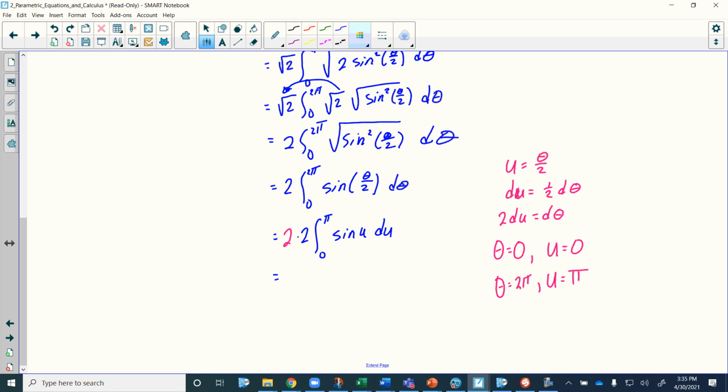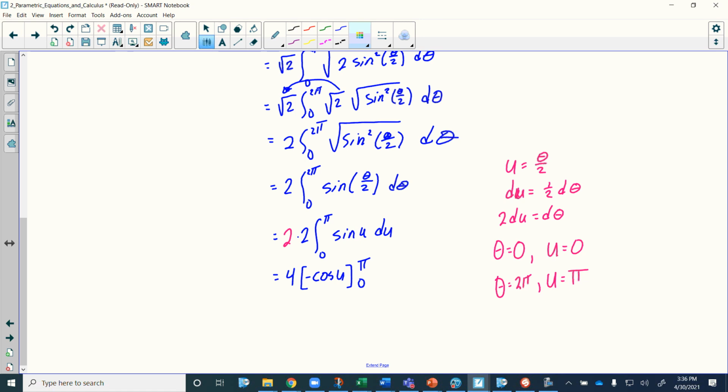So the 2 and 2 are going to give me a 4 here. The antiderivative of sine is going to be negative cosine of u. And we're evaluating it from 0 to pi.